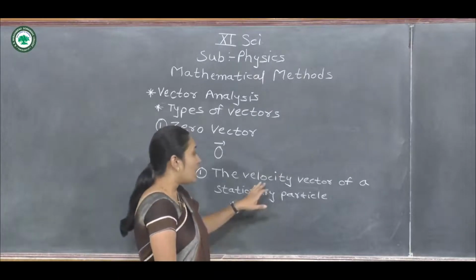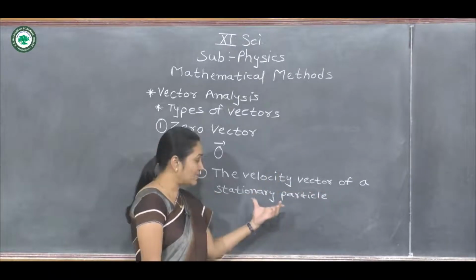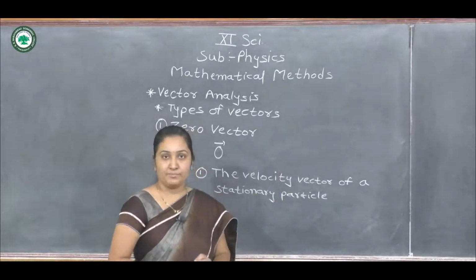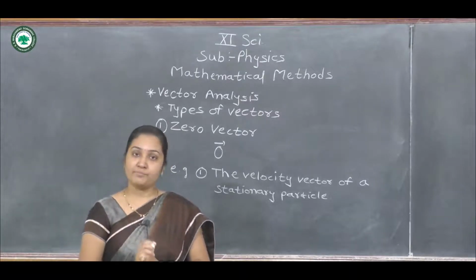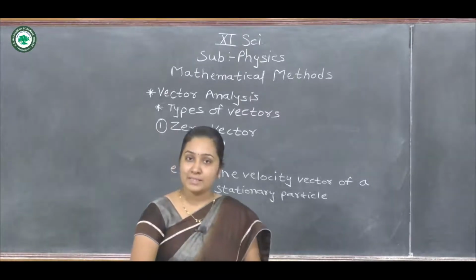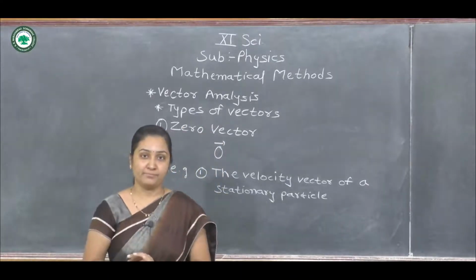So the velocity vector of the stationary particle should be 0, because velocity is nothing but the rate of change of displacement.